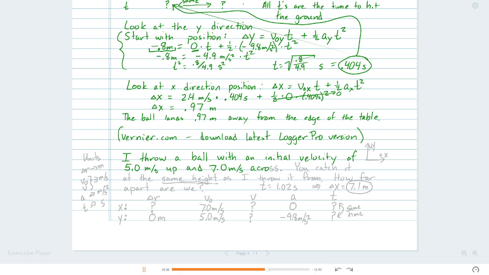Notice I'm giving you the initial velocity already in component form.